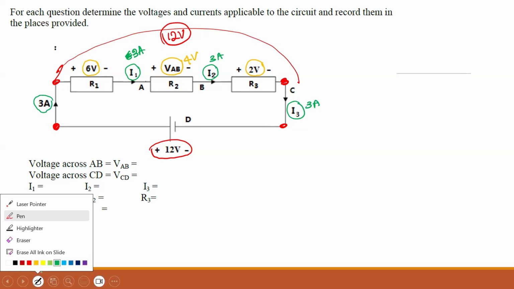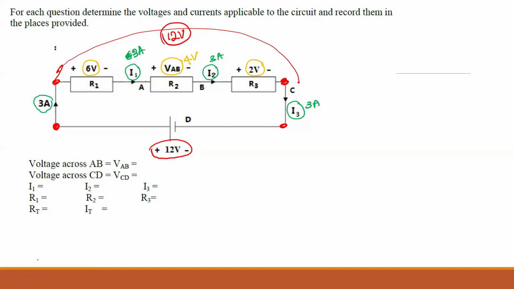And then the resistors. How do we find the resistors? Here you know the voltage and the current. So when you know the voltage 6 and the current 3, resistor 1 should be what? Voltage divided by the current, which is 2 ohms. Agree? Can you find me R2 and R3 as well?